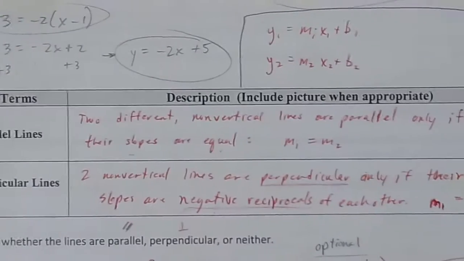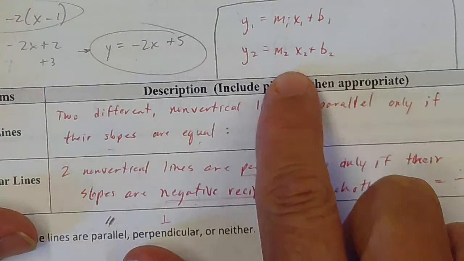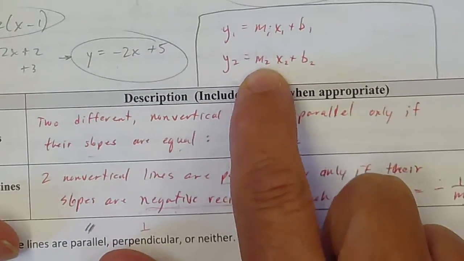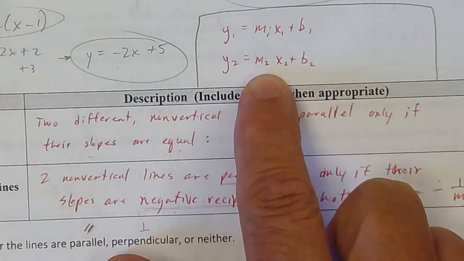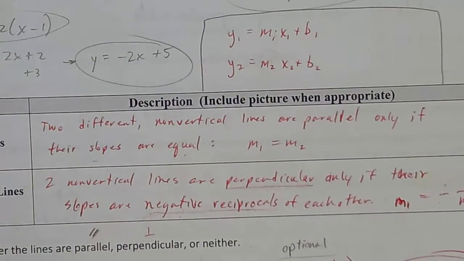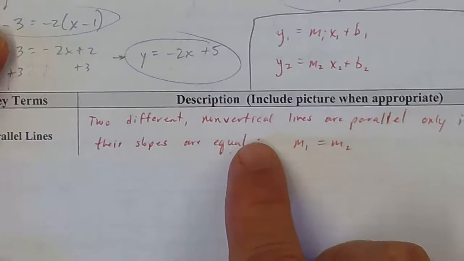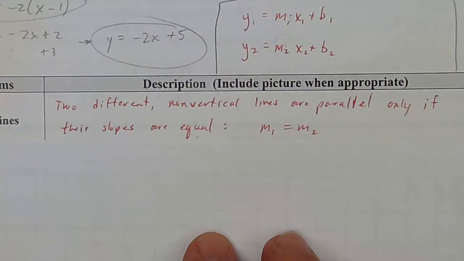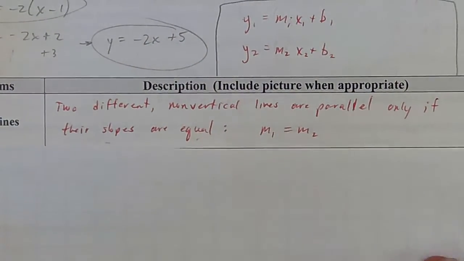Okay, so two lines are parallel. Now you don't necessarily have to write this if you want to, but when I'm referring to M1 and M2, it's just slope of line 1, slope of line 2. So two lines, if they're not vertical, the reason why this says not vertical is because there's an exception to the rule with the undefined situation there.